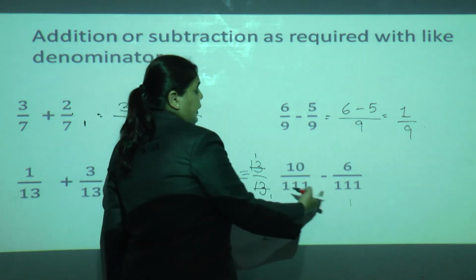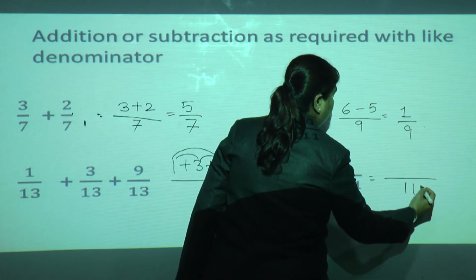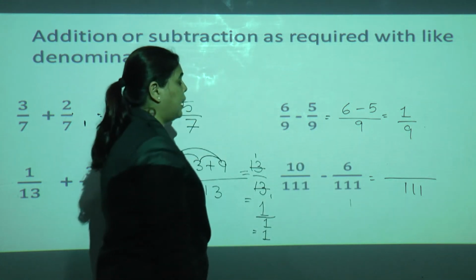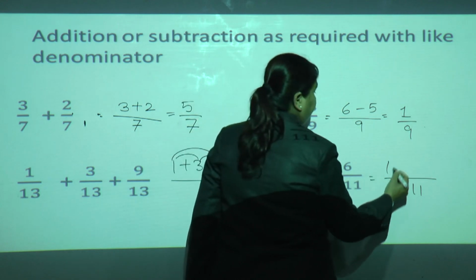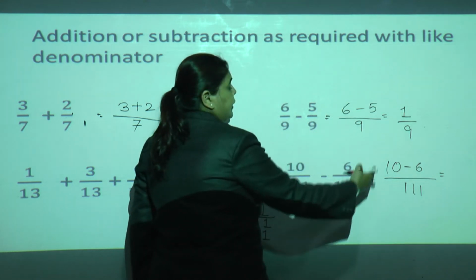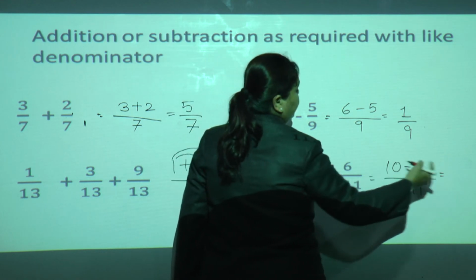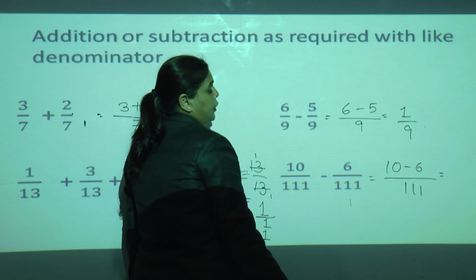Here again the denominators are the same, that is 111, so we write it as the common denominator. Here we have 10 minus 6. If you get higher numbers here, you can do the subtraction or addition practically and find out.